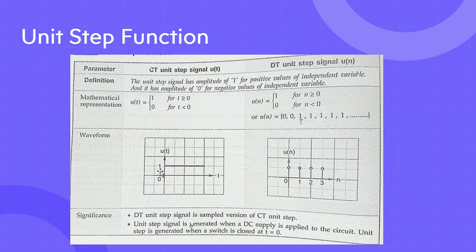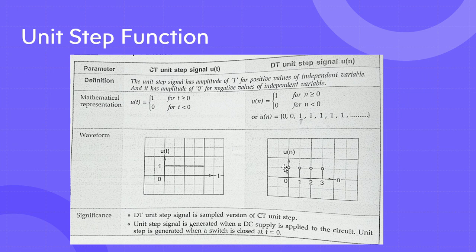That was for my continuous time signal. What will happen for the discrete time signals? The discrete time unit step signal will look like this. The concept will again remain the same. The value will be 1 for all the samples on the right hand side of my y-axis, and for all the samples on the left hand side of my y-axis, the value will remain 0, right?